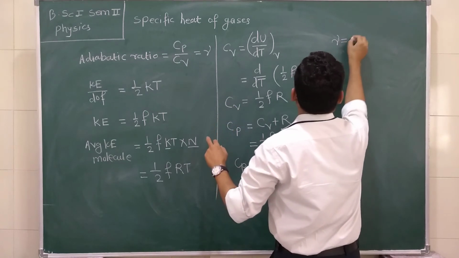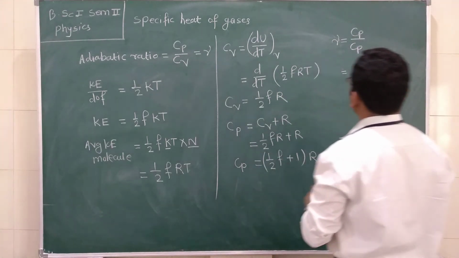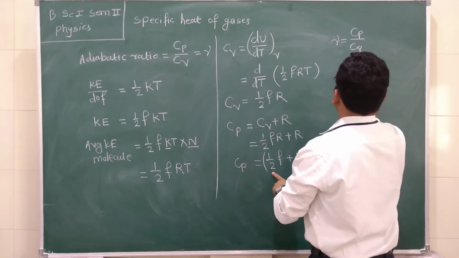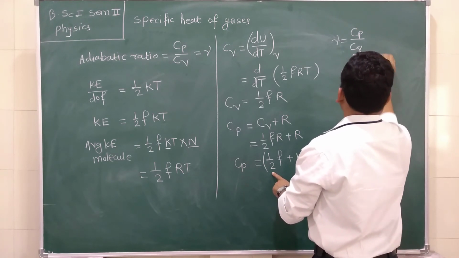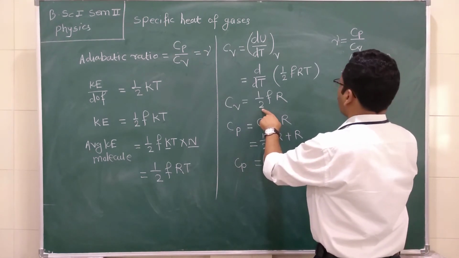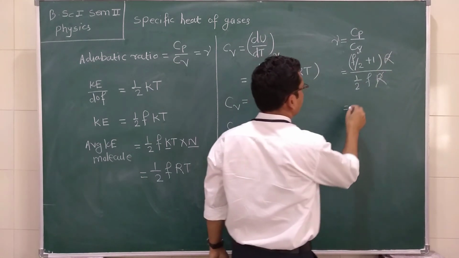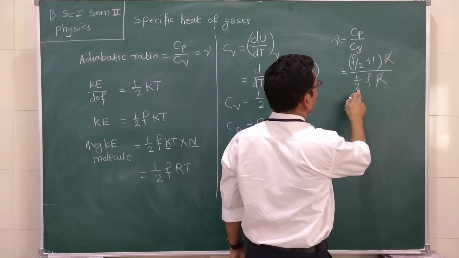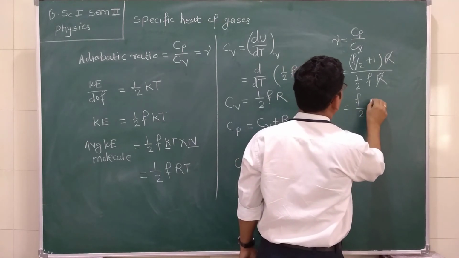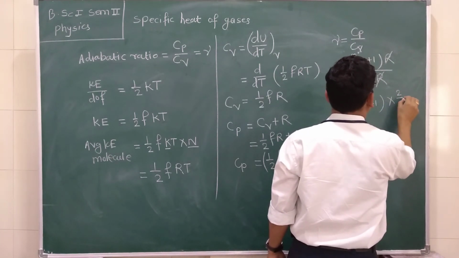So gamma is equal to Cp divided by Cv, which is f by 2 plus 1 multiplied by R, divided by 1 by 2 f multiplied by R. This R gets cancelled, so it is f by 2 plus 1, multiplied by 2 upon f.